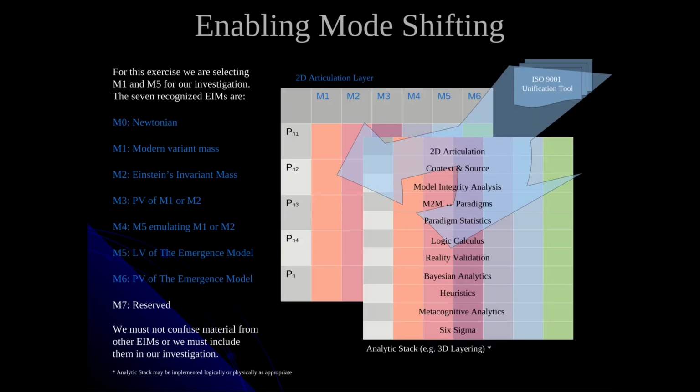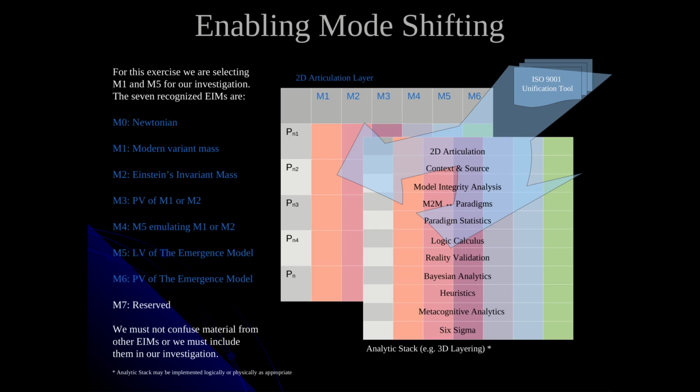So enabling mode shifting then is the translation matrices, this background table that has M1, M2, M3, M4, M5, and M6, and then the paradigms is that top view of the foreground table. The foreground table shows you the underlying layering of the analytics stack, and you can click these individual things.